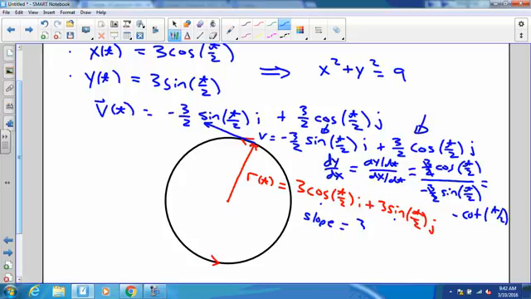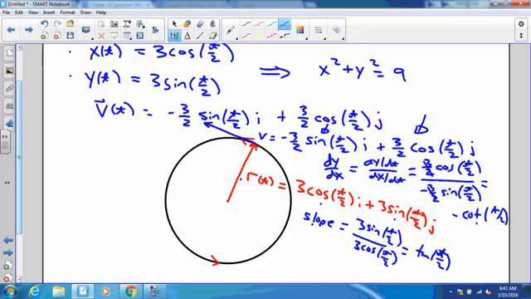Meanwhile, I want you to observe that the slope of the r vector right here is going to be 3 sine of t over 2 divided by 3 cosine of t over 2, which is equal to tangent of t over 2. And look at what we've got.